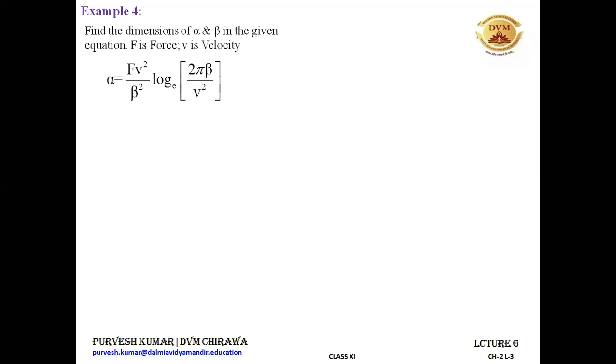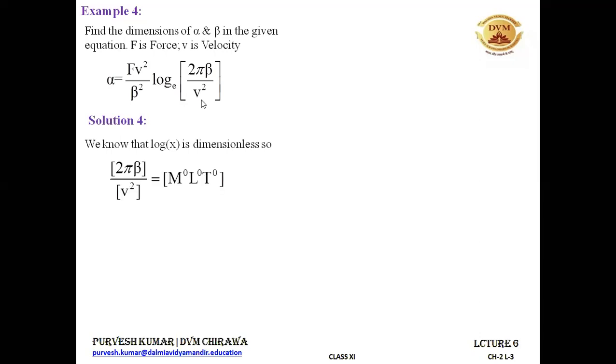So you can write that the dimensions of 2 pi beta upon v square is m0, l0, t0. This quantity inside the brackets of the log is dimensionless, that's what we know from our working rules. Log x is dimensionless, so the dimensions for 2 pi beta upon v square has to be equal to m0, l0, t0.